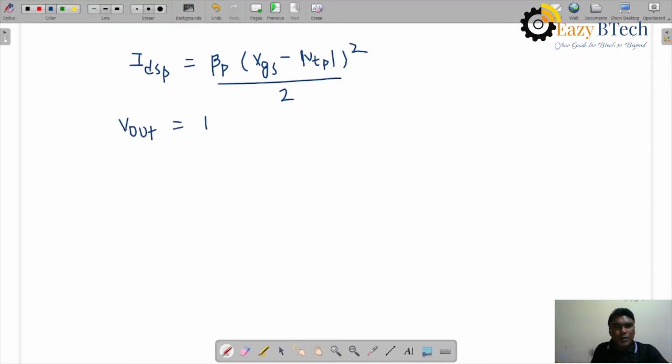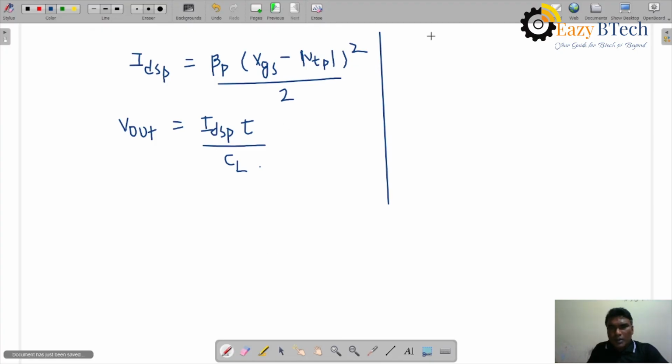Output voltage is equal to IDSP into T divided by load capacitance CL. How did we get this one? We have capacitance. Capacitance is equal to charge per unit voltage, right?